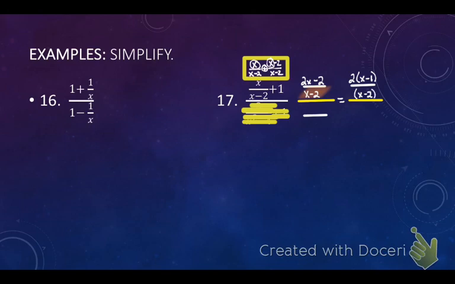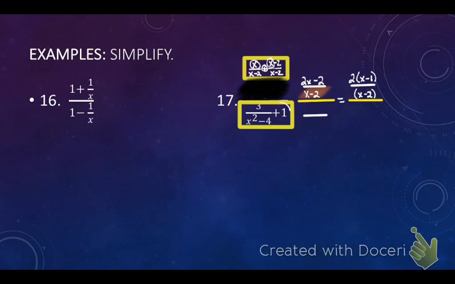Once I get the top taken care of to where it is a fraction on the top side, now we can start looking here. Okay, if you need to, just block off the top. We're done with it. And let's just focus right here.